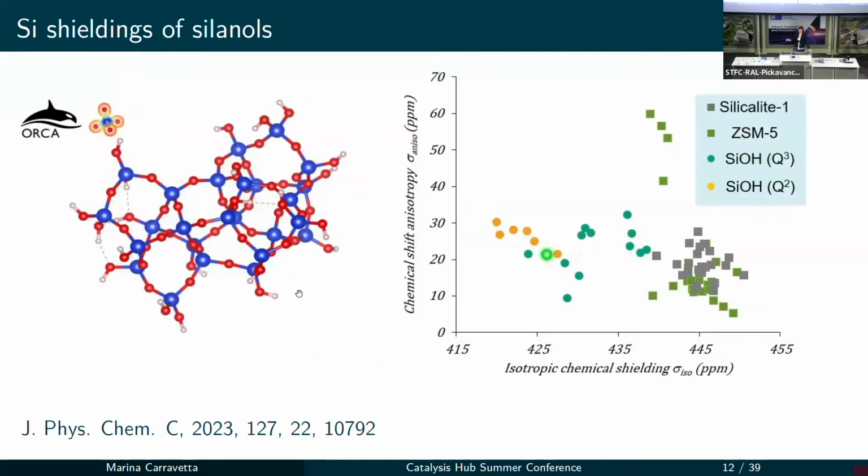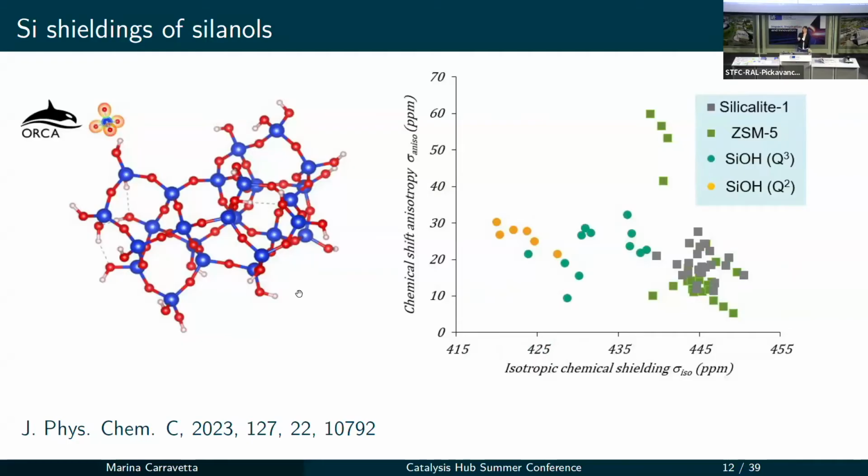And we can see that in this particular case, even if you have Q3 or Q2 sites, you still have relatively small value of the chemical shift anisotropy, though the chemical shift axis is spread over a very wide range. So again, our silicon which is close to aluminum has a very, very distinct signature compared with everything else.